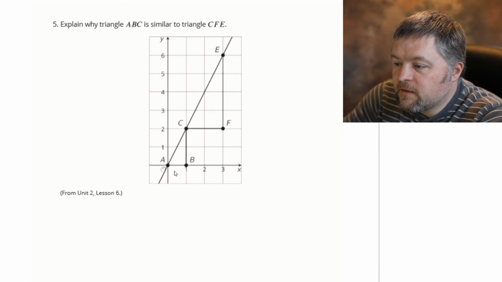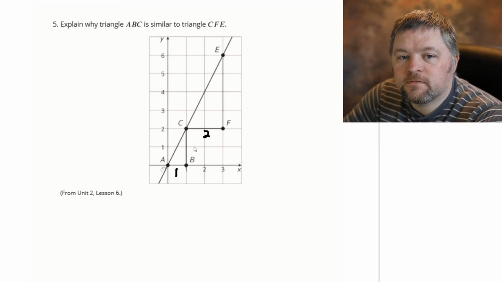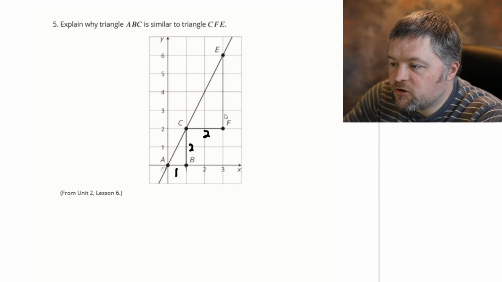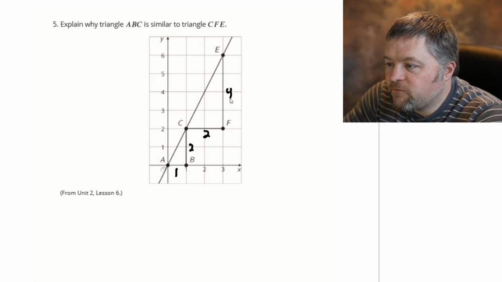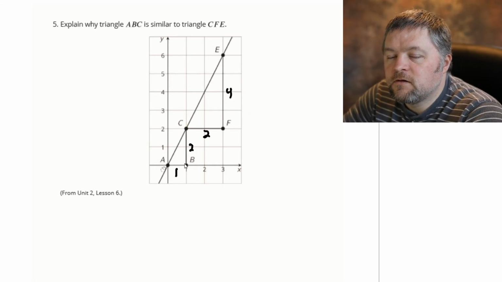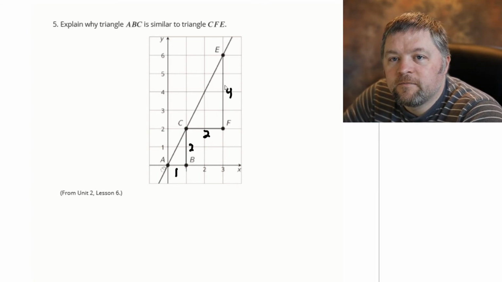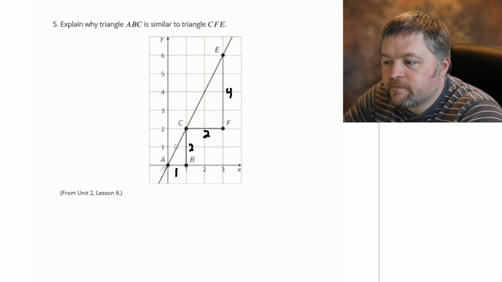Well, this side length is 1. This side length is 2. This side length is 2. And this side length is 4. What's the scale factor look like so far? 1 times 2 is 2. 2 times 2 is 4. Those both look like they have a scale factor of 2.